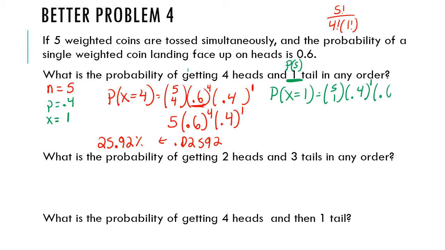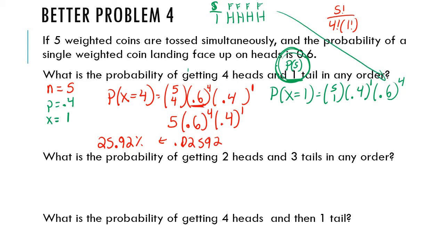That means my failure, which is the probability of heads, to the 4th power. Because if I'm defining success as 1 tails, this is success. The other 4 that are heads are failures, which is being represented by that 0.6 to the 4th power.